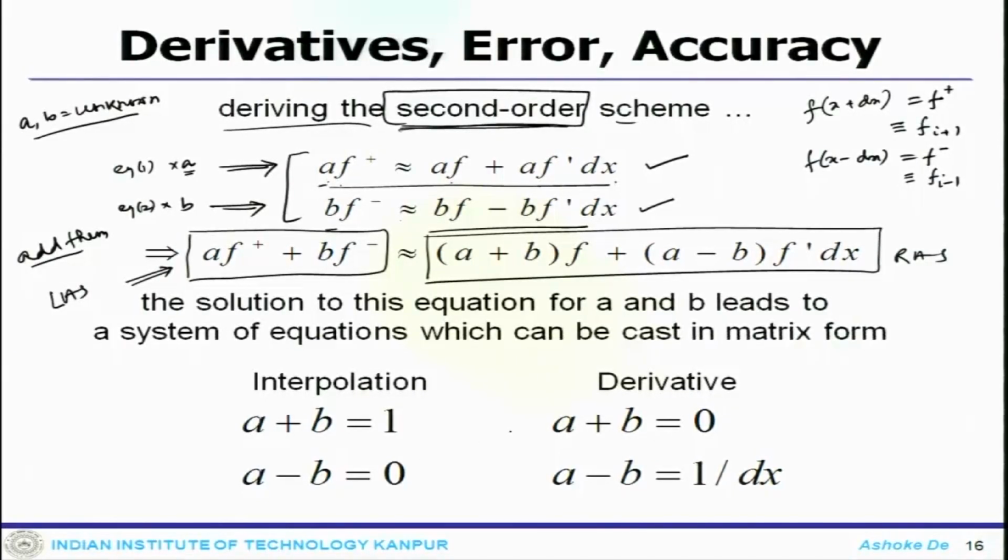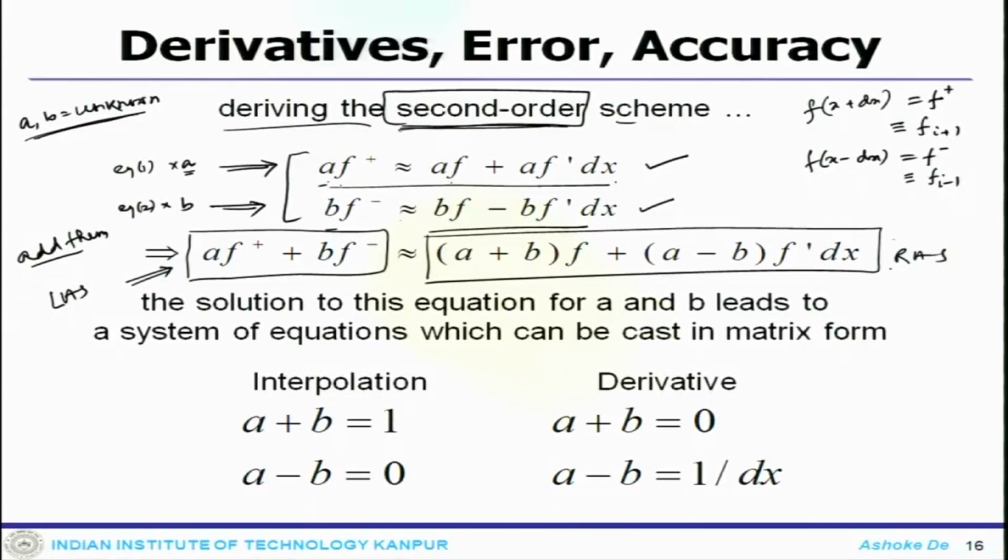Now, if you see, you have two unknowns and you got only one equation. Now, you have to solve A and B to find out the solution. So, how do you find out the solution? Because once I find out A and B, that will lead to the particular derivative.